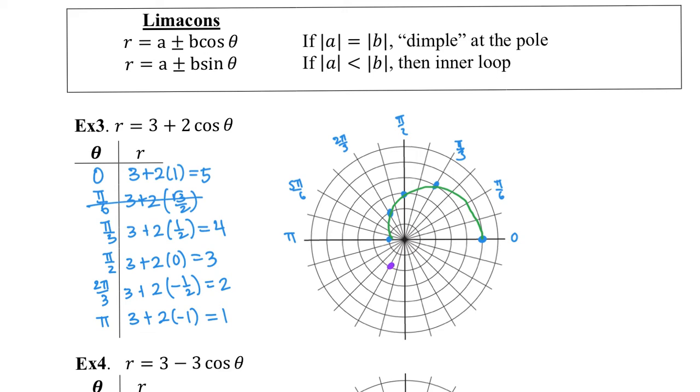At pi over 2, 1, 2, 3 units, so down here at negative pi over 2, 1, 2, 3 units. I'm matching it up so I can do the other half. At pi over 3, 1, 2, 3, 4 units, so on this line down here, 1, 2, 3, 4 units. And it should look like it's matching. Then I should go back to here. Let me sketch this in and see if it looks symmetric.